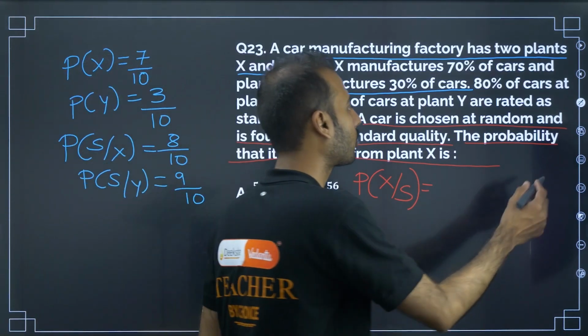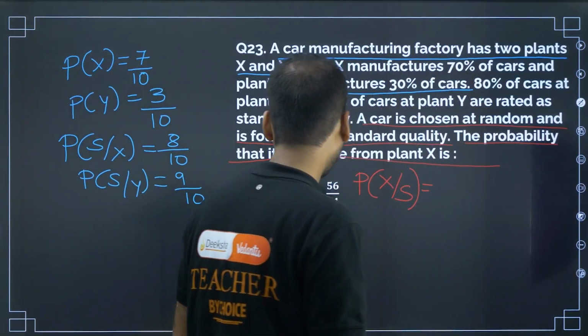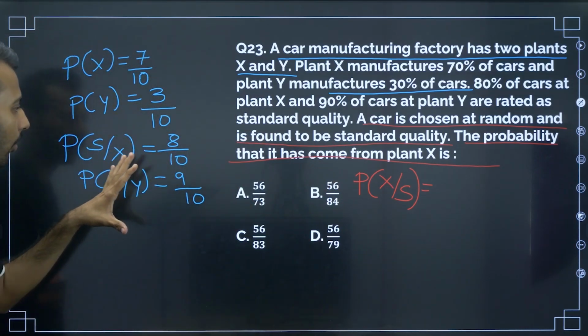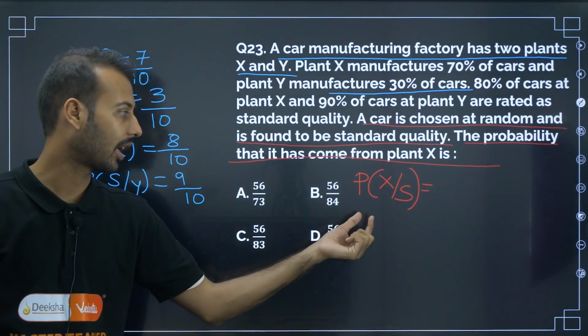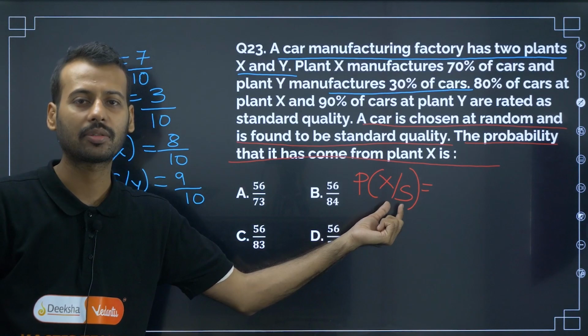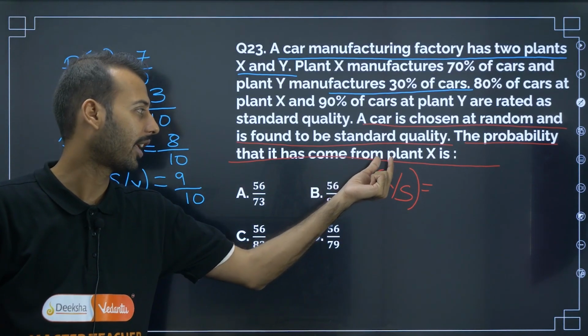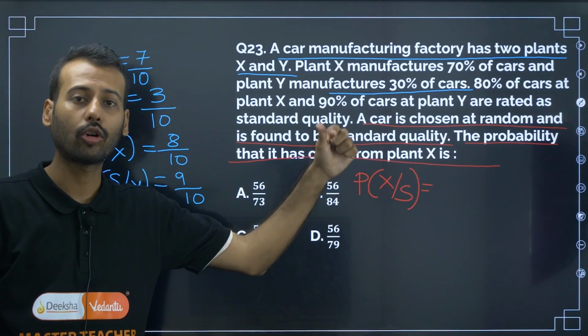Now how to solve this? With the given data, if you go through the question properly, we can say that it is based on Bayes theorem, reverse probability. They are asking to find the probability of one event when one more event has already occurred.